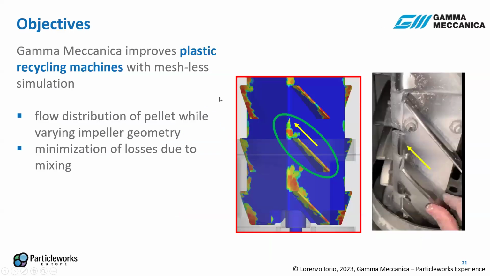Another objective was to confirm preferential paths of the particles on the rotor to understand where the most erosion could happen. And you can see here that on the right we have indeed this kind of flow that is confirmed by Particleworks mapping post-processing.